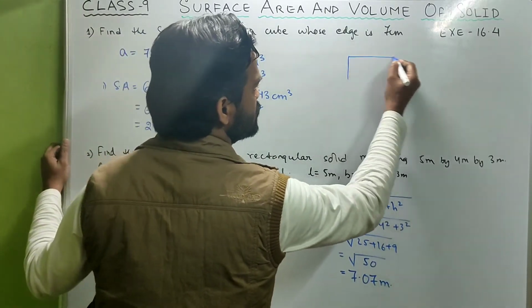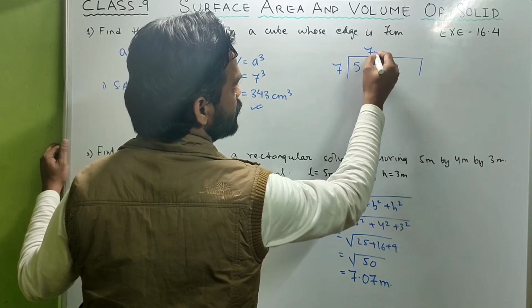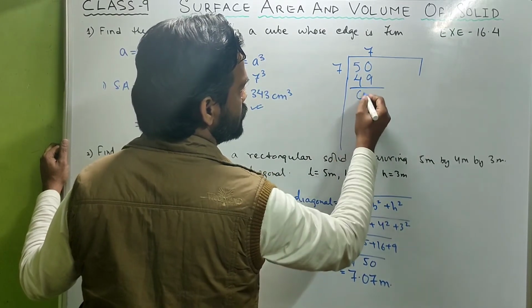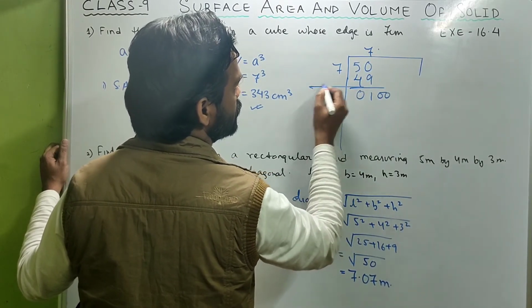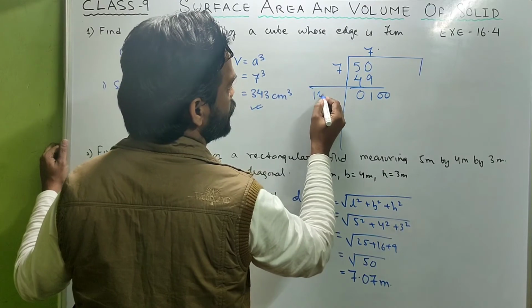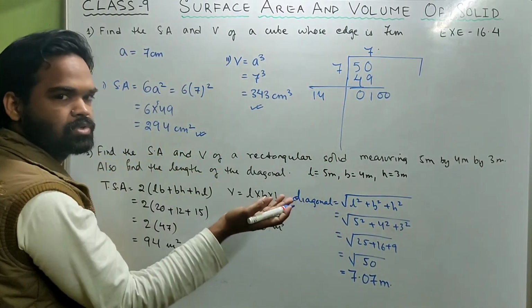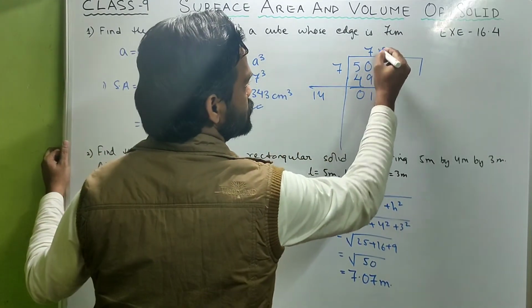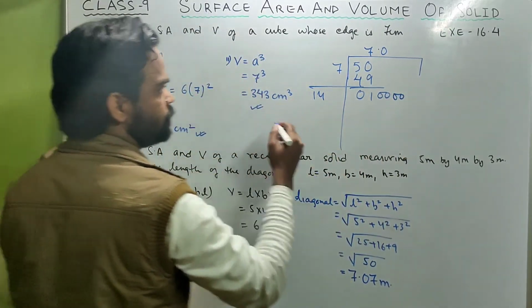See, we have done this in previous classes. For 50, 7 sevens are 49, then you put a point, you put 2 0s, then 14 comes. Again, it doesn't go because if you put 1 also, it will become 141 into 1, that's 141. 1 comes, so you put a 0, so 2 more zeros will come.